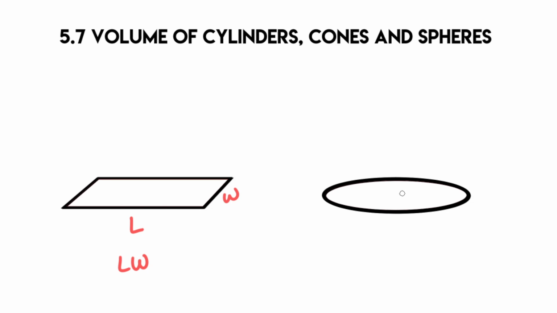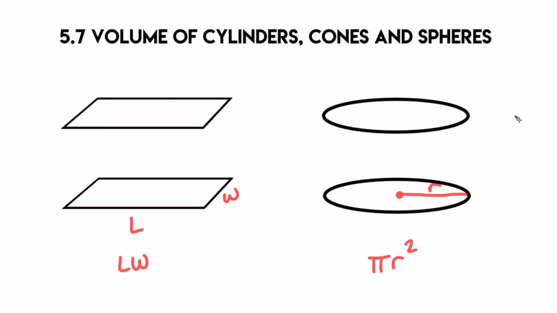For our circle, we have a radius, and the area of a circle is pi r squared, or pi multiplied by the radius squared. However, we're not dealing with just two-dimensional shapes today. We are actually dealing with three-dimensional shapes, so we need to bring in one more dimension for the circle and the rectangle.